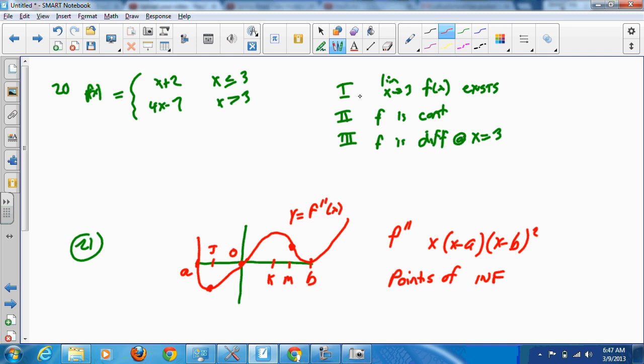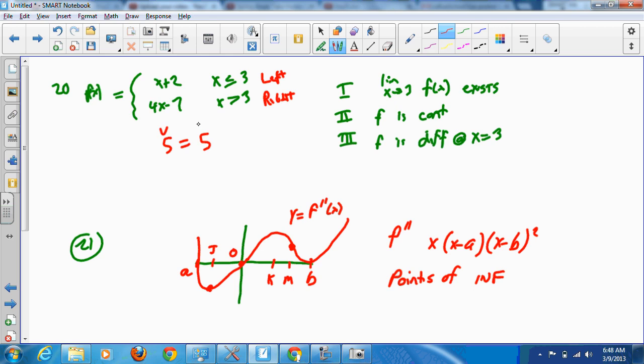So statement 1 is asking you about limits. Limit as x approaches 3. Well, this is from the left side, right? And this is from the right side, because here x is greater than 3. So just plug in 3. You get 3 plus 2 is 5. And from the other side, you have 4 times 3 is 12, 12 minus 7 equals 5.